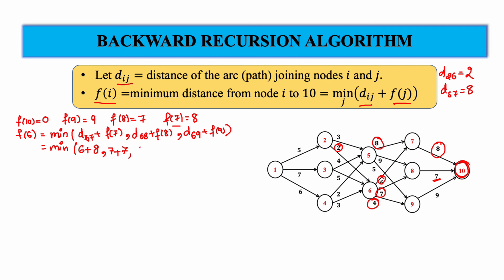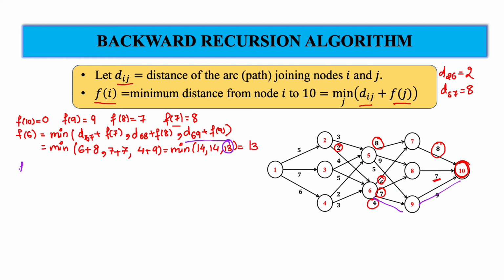D6 to 9 is 4 plus F9 is what? 9. Add them and you will get 3 different terms, and you have to find out minimum of that. 6 plus 8 is 14, then 14 and 13. So minimum distance is what? 13. So what is the minimum distance from 6 to 10? It is 13, which we are getting from F6 to 9. You will go from 6 to 9 and then 9 to 10, which is the minimum distance from 6 to 10.